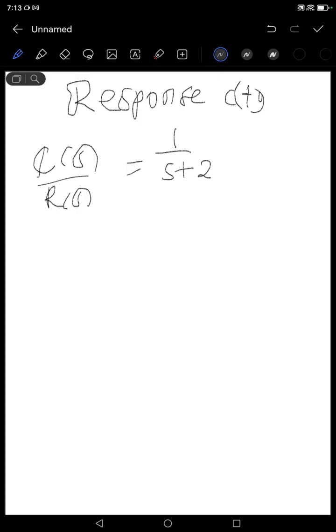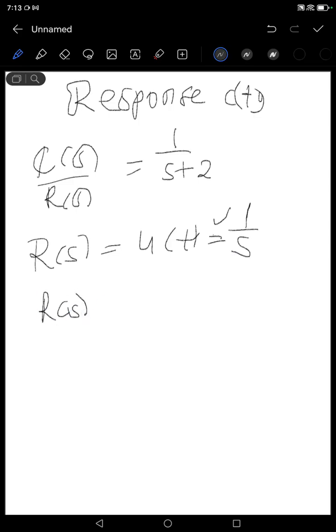So here on response, they'll say, okay, our r(t) is equal to u(t). Okay, and then we know that u(t), when we introduce Laplace, is equal to 1 over s, which means therefore our R(s) is equal to 1 over s, like this.